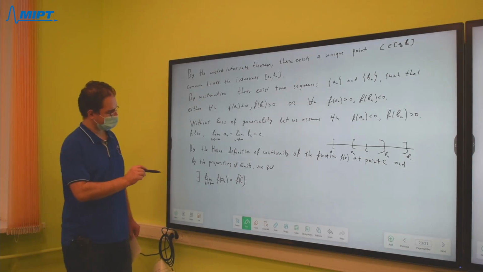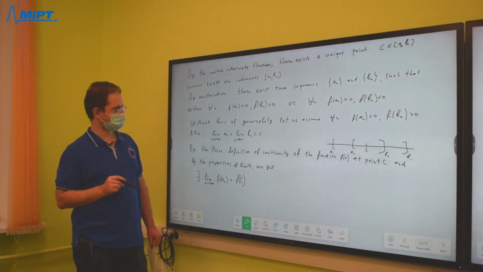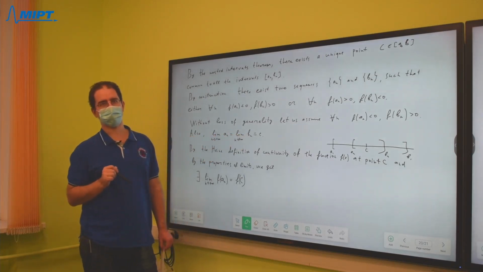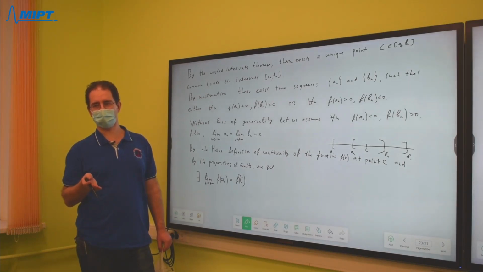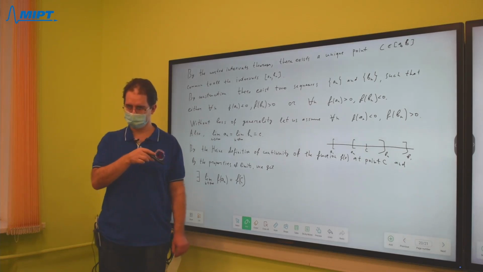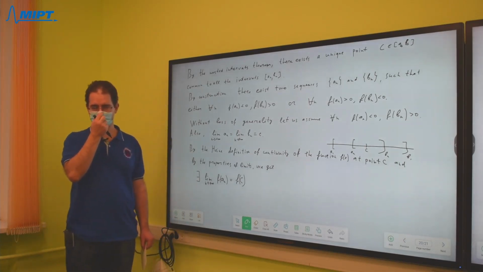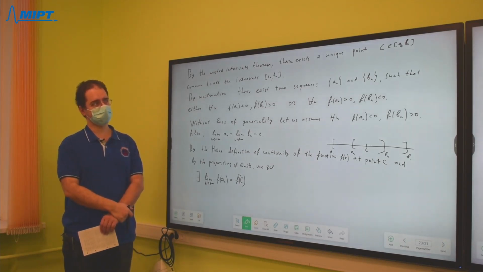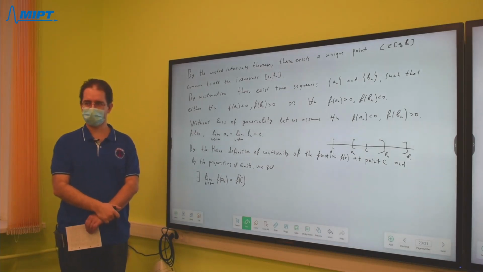Look, an is a sequence converging to this point C. So let's write down the Heine definition of the limit of this function. Note that in this case we don't need this sequence an to be a Heine sequence.